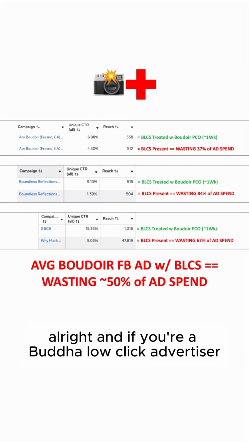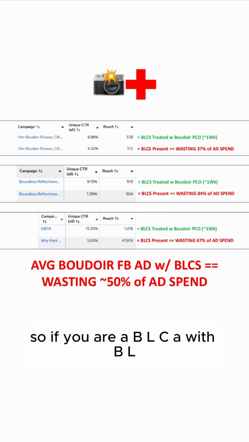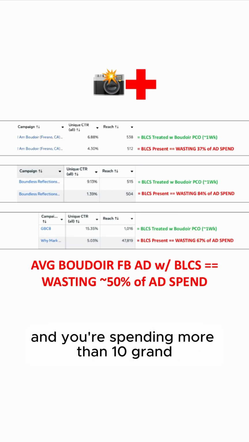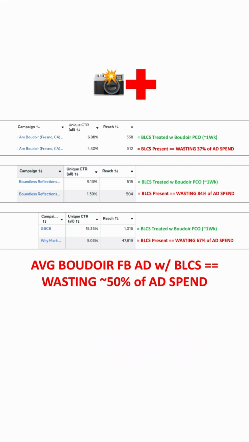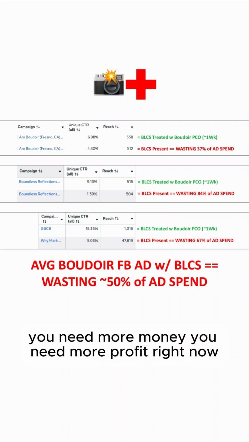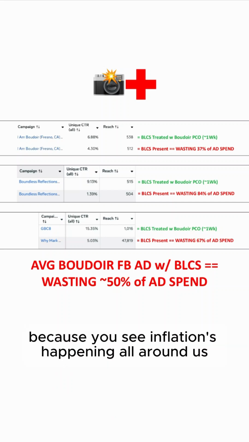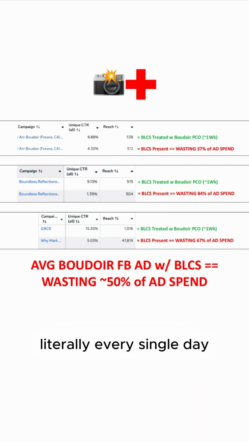If you're a boudoir low click advertiser, a BLCA with BLCS, and you're spending more than 10 grand a month on Boudoir Facebook ads, and you've decided you've got to pull more efficiency out of the business right now, you need more money, you need more profit right now, because you see inflation is happening all around us, you see more women becoming boudoir photographers literally every single day.